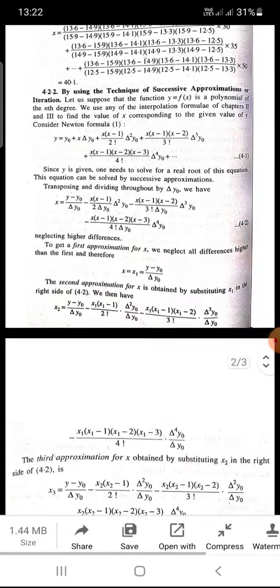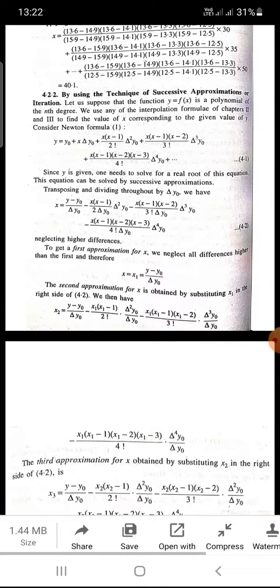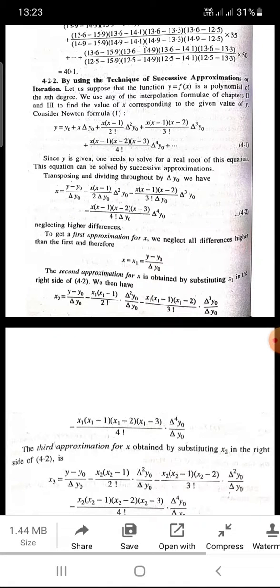Now the second approximation for x will be obtained by substituting x1 in the right hand side. So x2 is equal to y minus y0 upon del y0, minus x1 into x1 minus 1 upon factorial 2 into del 2 y0 upon del y0, minus x1 into x1 minus 1 into x1 minus 2 upon factorial 3 into del 3 y0 upon del y0, minus x1 into x1 minus 1, x1 minus 2, x1 minus 3 upon factorial 4 into del 4 y0 upon del y0.